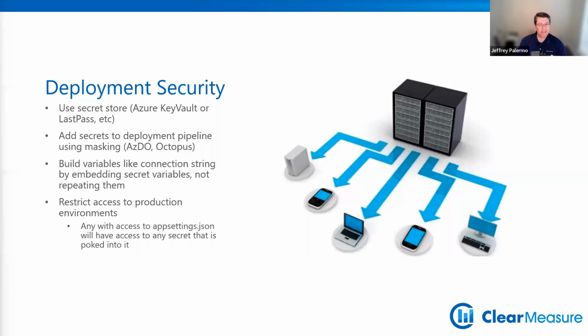Well, that's where the appsettings.json is, with the secrets poked into it. So take care that we're not giving unnecessary access to the actual server directories to people that really don't need access to that.